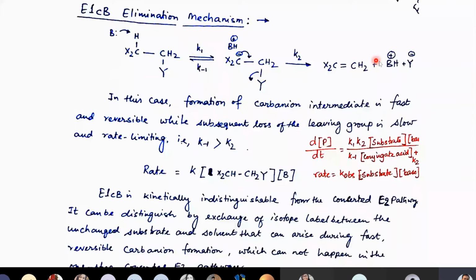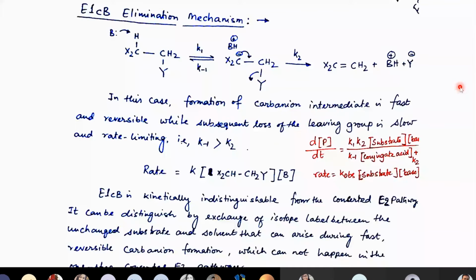It just goes to the product via a one-step pathway where the C-H bond and C-Y bond are broken simultaneously. So there is no scope of going back. But if you get deuterium incorporation, that means this reaction is going back, that means it is going via the E1CB pathway. Clear? Okay.